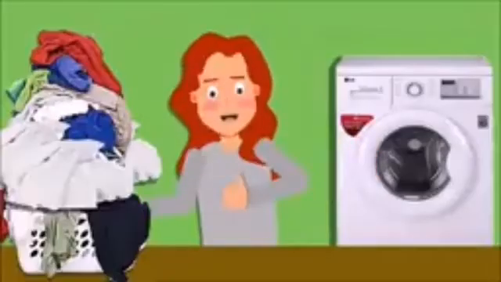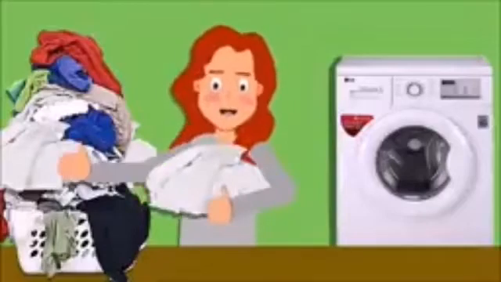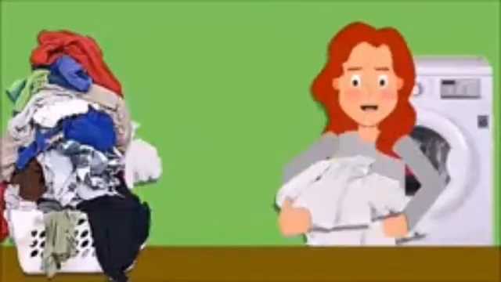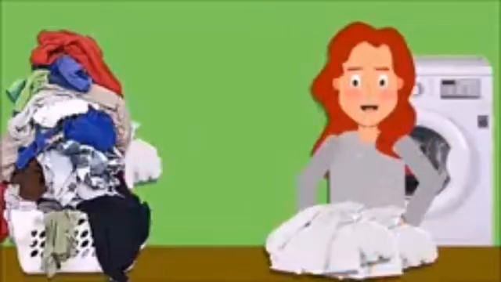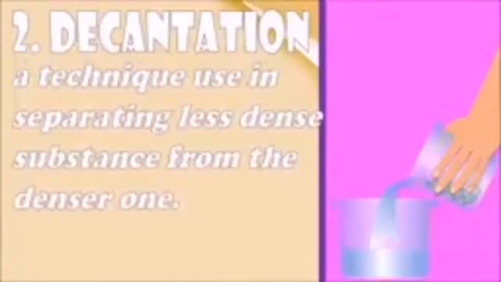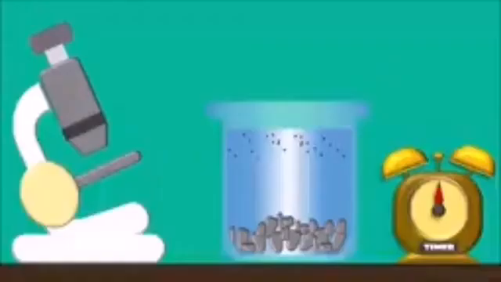You can use the same method when you do the laundry and separate the white clothes from the colored, or separate the dresses from the pants. Number 2. Decantation. This is a technique used in separating less dense substances from the denser one.